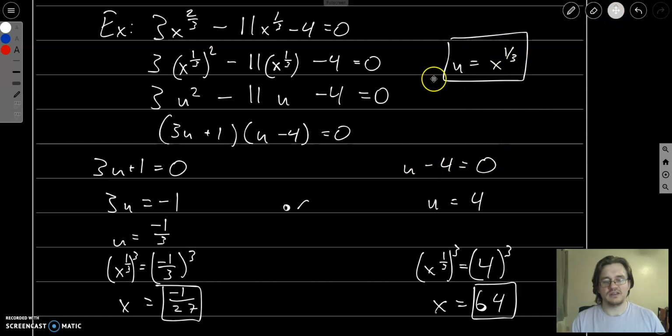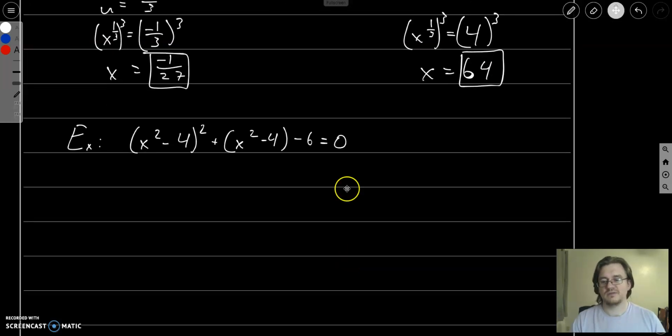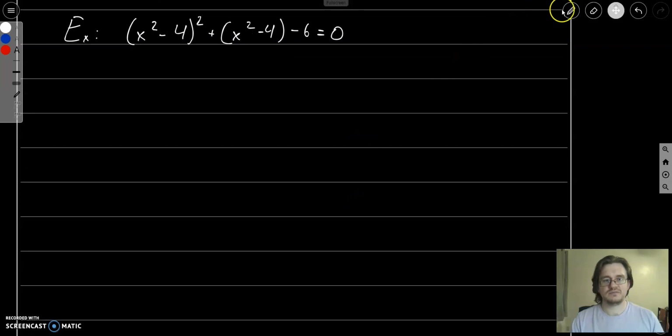So using this substitution to make something look like a quadratic equation is very handy, and sometimes it's a little bit more explicit than others. For instance, in this example, we can see that we have something squared plus that same something minus 6 is 0. This is just a quadratic equation staring us in the face.